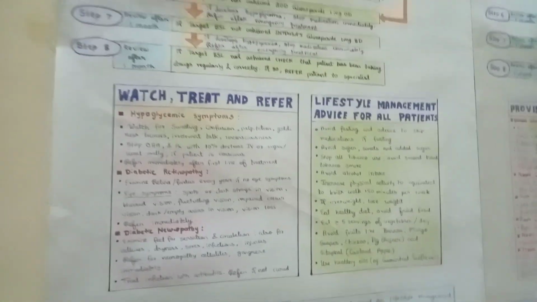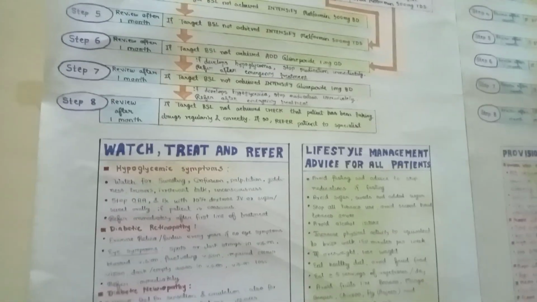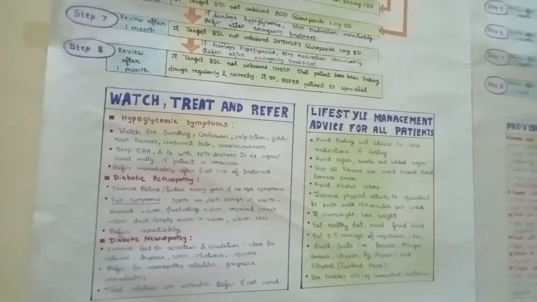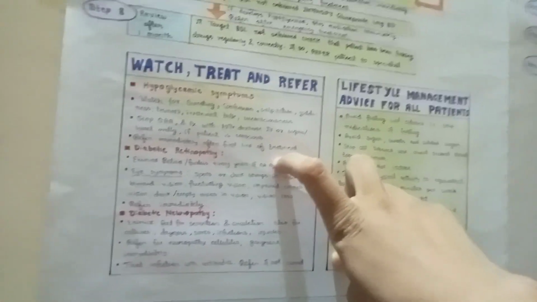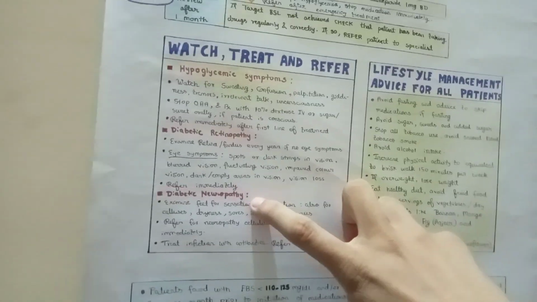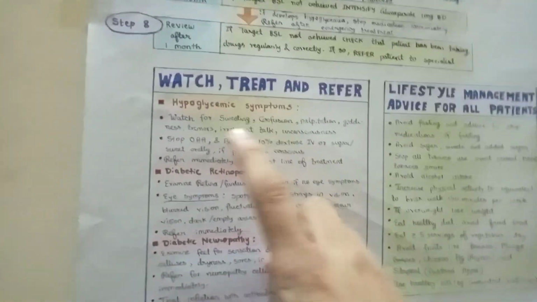Then there is an important point, various drugs have various side effects. So see what the major side effects are, like hypoglycemic symptoms, diabetic retinopathy related to the eye, and diabetic neuropathy related to the CNS.